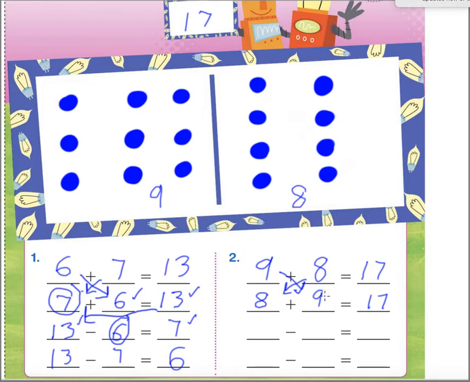What's the first thing we have to do when we write a subtraction-related fact with the same three numbers? Well, we have to, of course, take this big total and drop it off in front. It has to stand in front because it is the big number. So 17 minus what? Well, we could take either one, right? Because they're a fact family. As long as we use all three numbers once, it doesn't matter which order they go in for the parts.